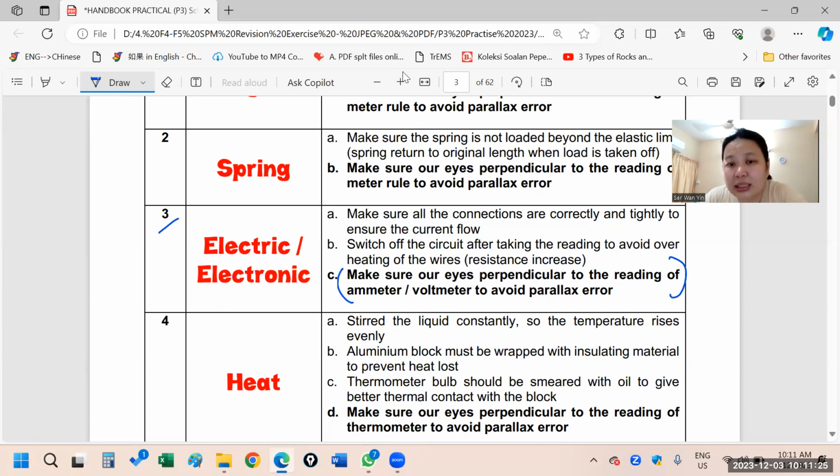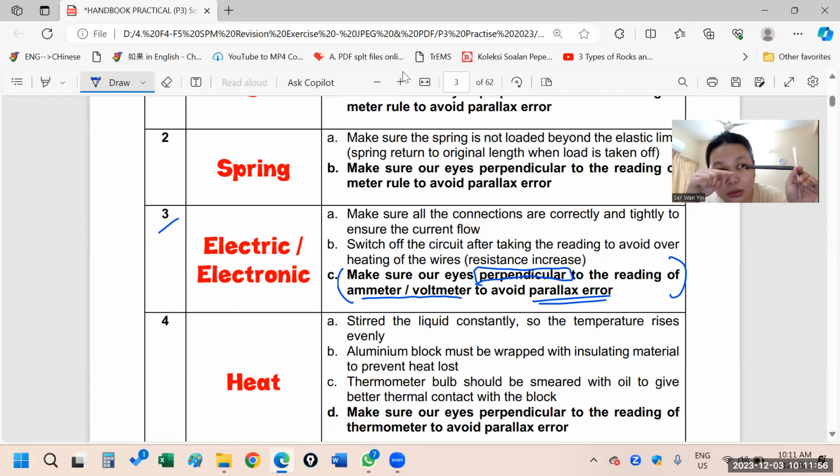Make sure our eyes are perpendicular to the reading of the ammeter and voltmeter to avoid parallax error. Parallax error means you cannot read properly. For example, this is a ruler. When our eyes look at the ruler, we must be perpendicular, 90 degrees, not parallel.